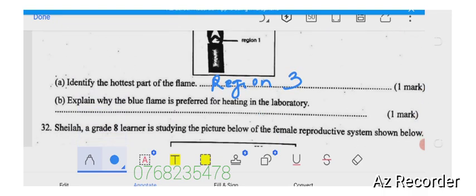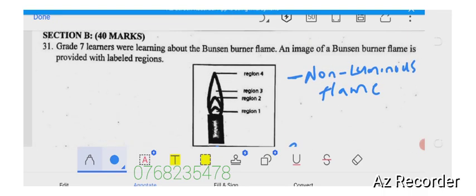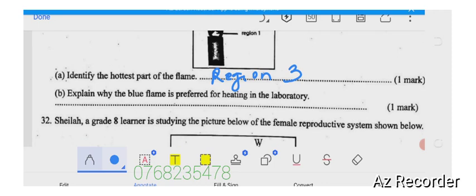Explain why the blue flame is preferred for heating. So we prefer blue flame for heating because number 1, it is non-sooty, which means it doesn't produce soot. Hence the apparatus does not get dirty.